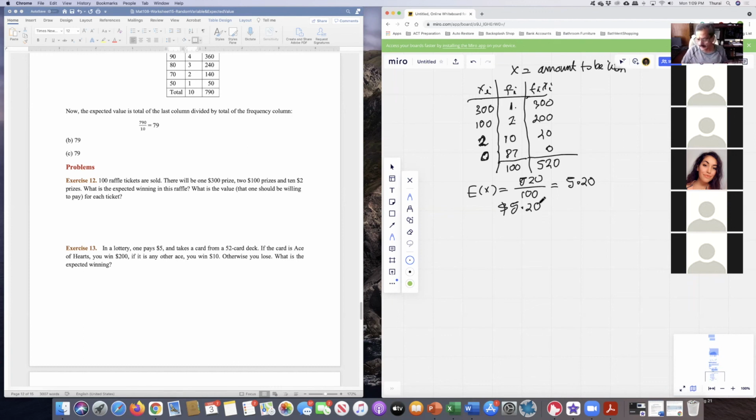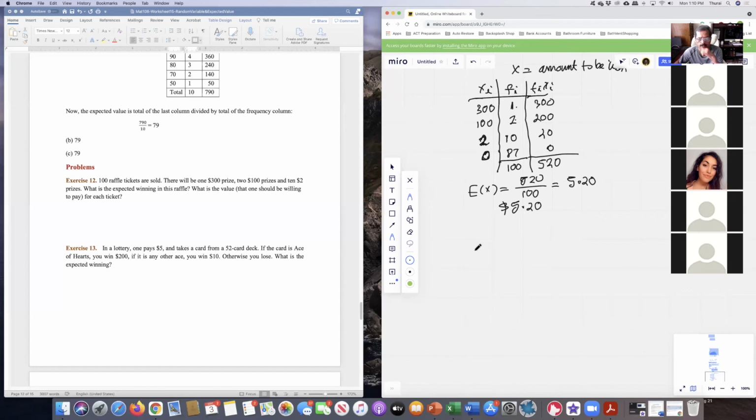In other words, if you buy many of these raffle tickets, you expect to win $5.20. That's what it means. So that's what you can pay to break even. Therefore, to break even, how much should be the price of it? $5.20.